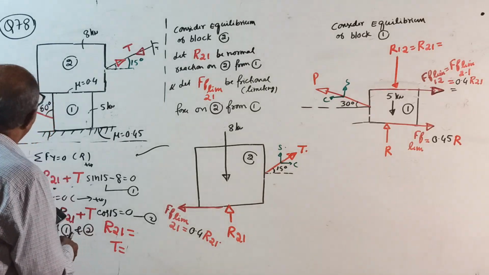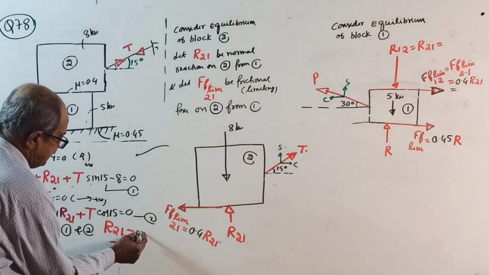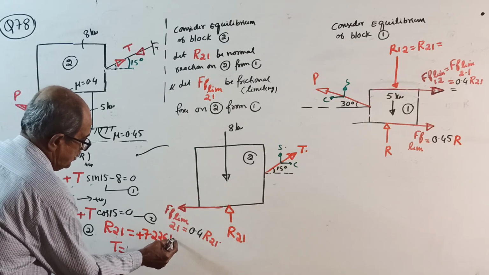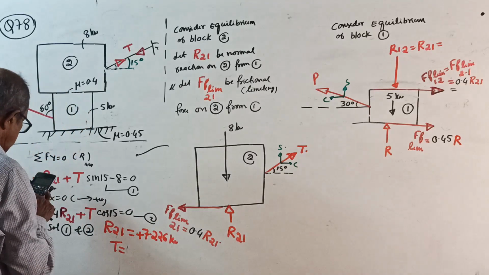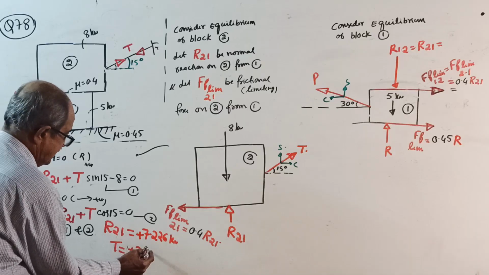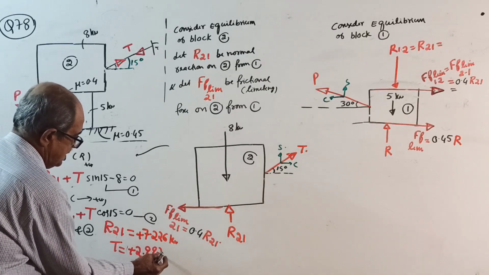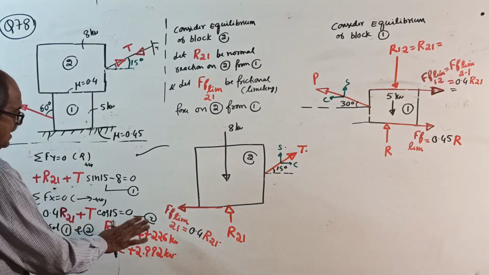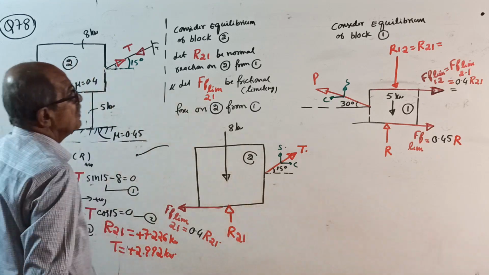You get R21 as plus 7.226 kilonewton, and tension, if you want, is plus 2.992. They can ask in some examination also to find the tension in that cable. Okay, now block 2 over.